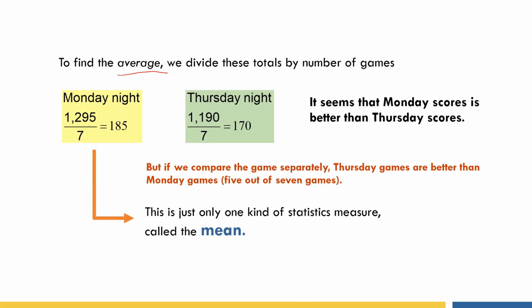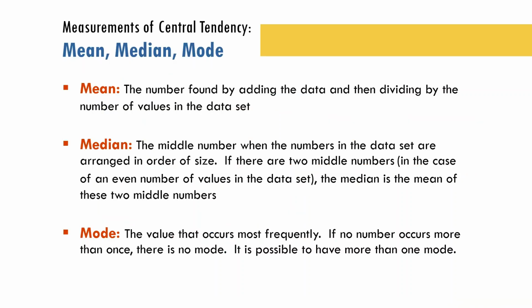So the average, or we call it the mean, is one type of statistic to measure. Even though the average of Monday night is higher than Thursday night, it doesn't mean that Monday night is better than Thursday night. So we have to introduce the measures of central tendency, which contain 3 numbers.